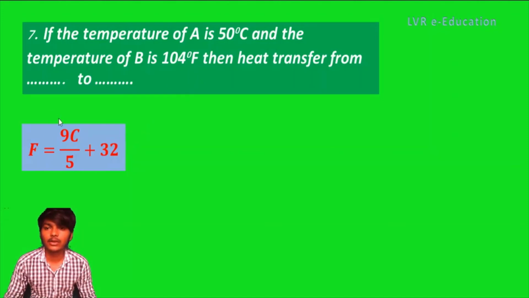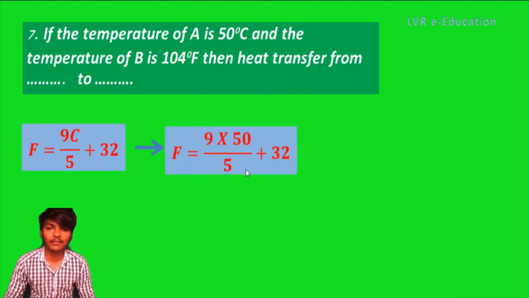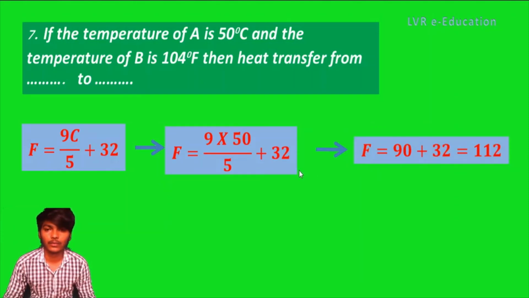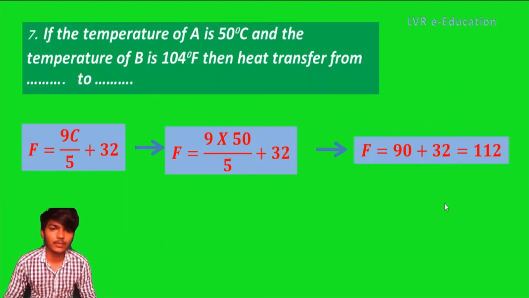So substitute 50 in place of C, right? What do you get? You get 9 into 50 by 5 plus 32, which equals 90 plus 32, which is 112. So 50 degrees centigrade is equal to 112 degrees Fahrenheit. So here the temperature of A is greater than the temperature of B, right? So the heat will transfer from A to B.